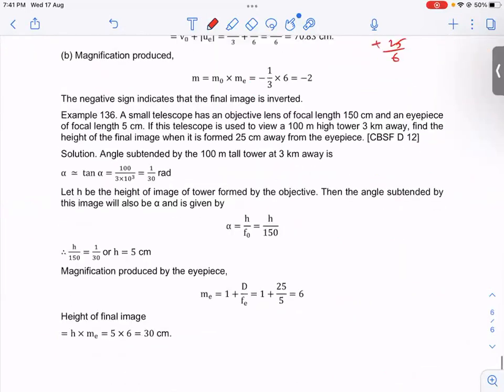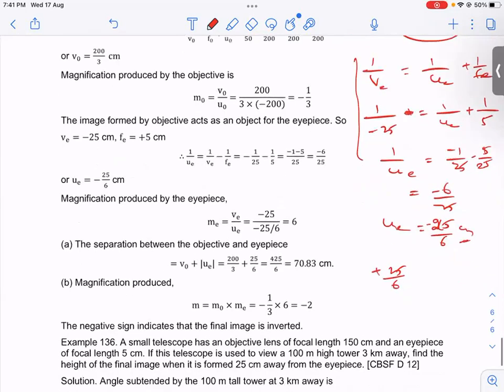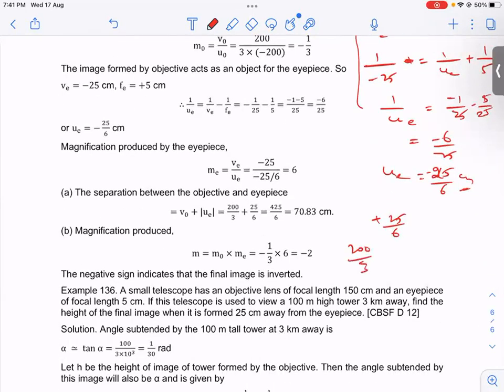So what is the value of v naught that we have calculated? It is 200 by 3 plus 25 by 6. Okay, so multiply this with 2, here 2. 425 divided by 6 will be the answer. So whatever you're getting, calculate that value.